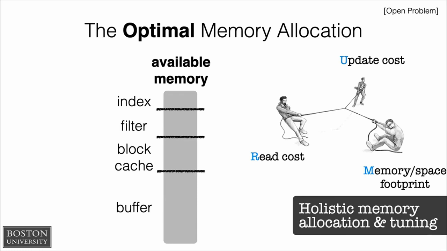And in fact, there is one more that is a little more subtle. When we are performing compactions, we also need memory buffers. And when we are answering range queries, we also need compaction buffers because we compact on the fly for the range queries. So there are a few more nuances to really achieve holistic memory tuning.